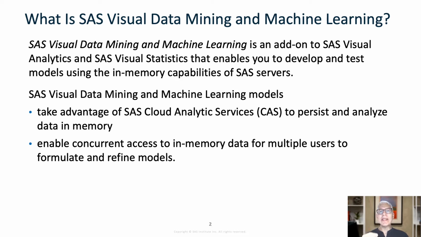And not only does the data stay in memory, but also the analytics are performed in memory. One of the really cool things about putting your data in memory is that basically it persists and multiple people can be working off of that same one table that's been loaded into memory, and they can all be building models. And that's one of the reasons that SAS Viya is so efficient.